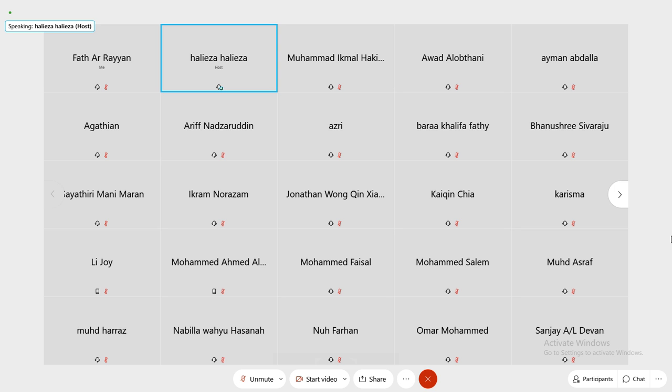So we're going to proceed to mechanical energy balance. Oops, where is my slide for mechanical energy balance?